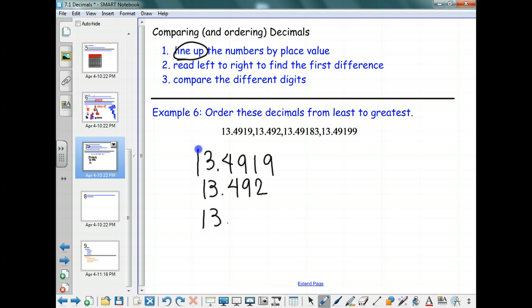I have 13.49183, and then 13.49199, and so on. So did I get them all written right? I think so.